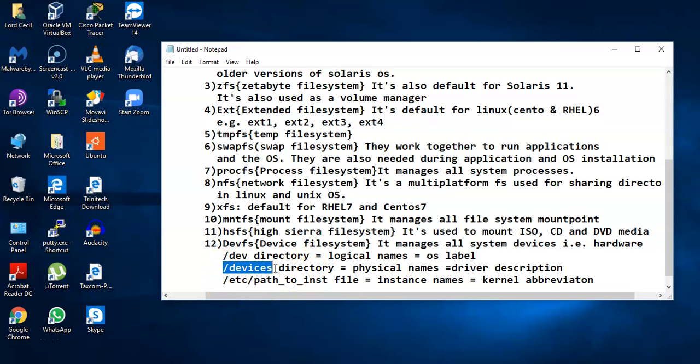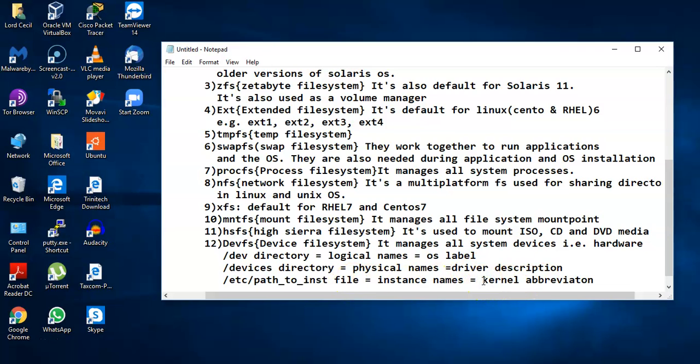Okay, and then the last one, this file called path_to_instance, we say it contains instance names of the system devices. And the instance name is the kernel's abbreviation of a physical name.